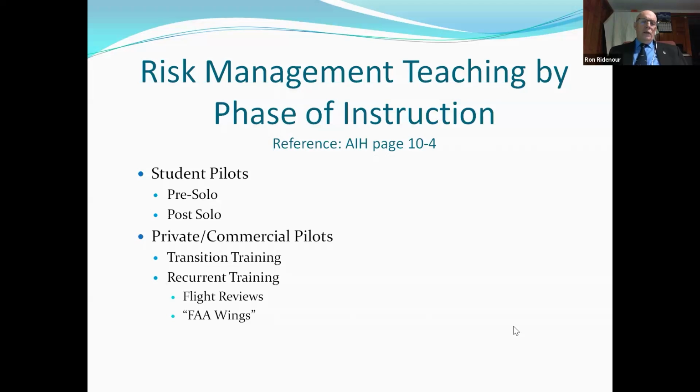Also, you're going to be doing recurrent training with either certificated glider pilots or not, with flight reviews or the FAA Wings program. Again, we've mentioned it before in previous webinars, but the FAA Wings program is a really good program, and it's an ongoing recurrency program, much like the airlines or the corporate world or military world use some kind of recurrent training, which is much more robust, in my opinion, than just a flight review every 24 calendar months.